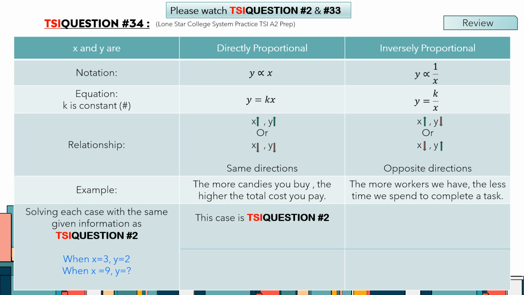The relationship for directly proportional is: if x is increasing, y is increasing. If x is decreasing, then y is decreasing. So they have the same directions. For example, the more candy you buy, the higher the total cost you pay.